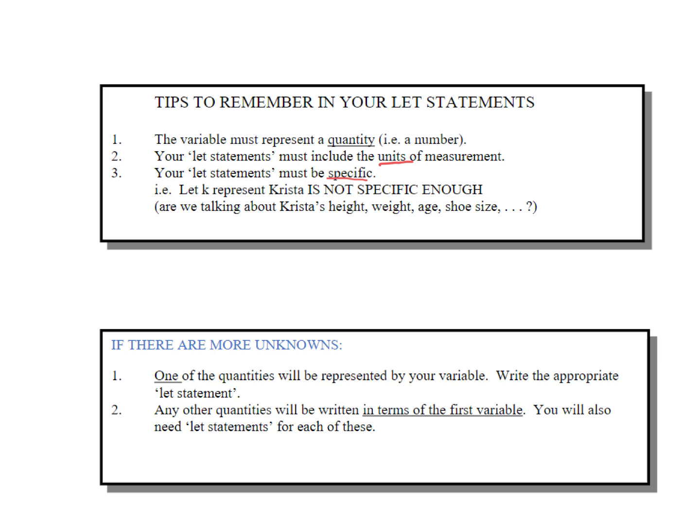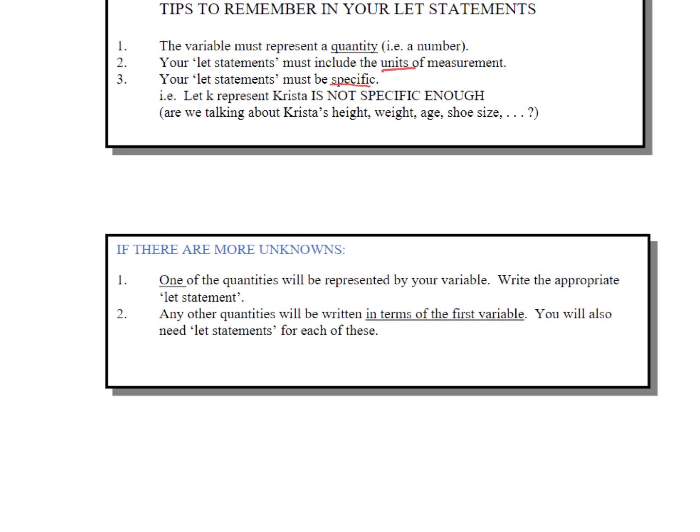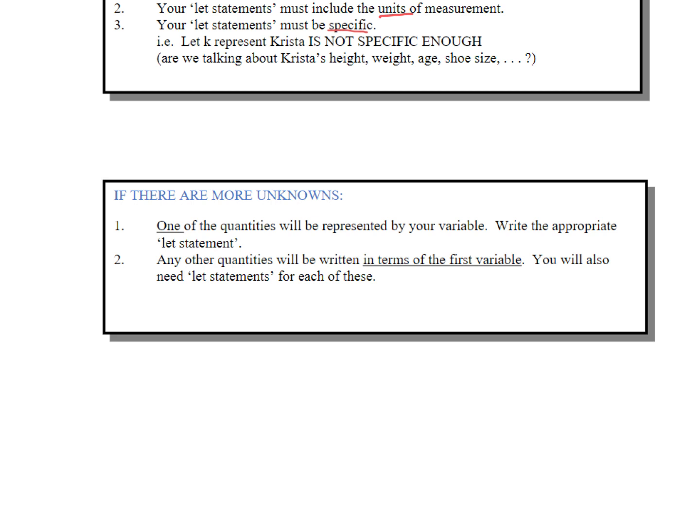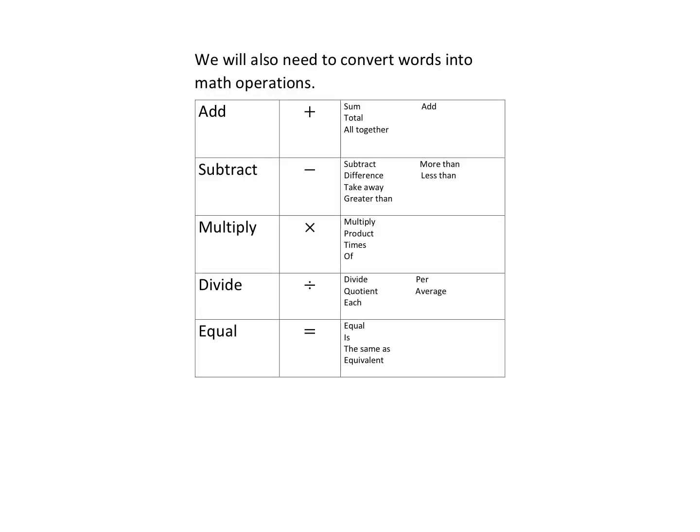So it needs to be specific. If you have more than one unknown, we will let one of the quantities be our variable, and then the other quantity will be written in terms of the same letter. So I'll explain that more as we look at some examples.